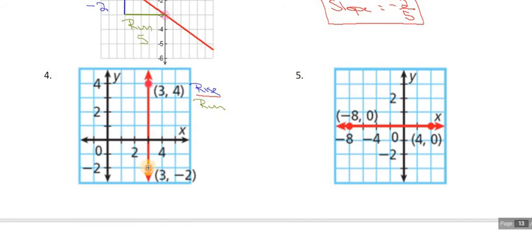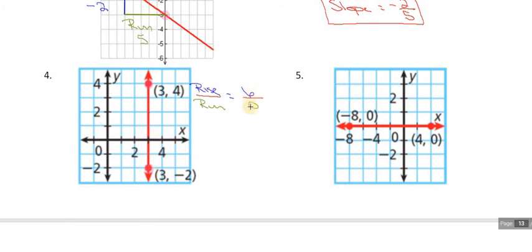If I rise to get even with the next point, I've got 1, 2, 3, 4, 5, 6 blocks that I rose over. I didn't need to run anywhere. I didn't go left or right at all, right?